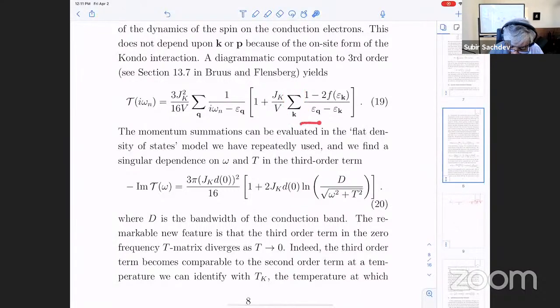So the log term comes from this, and let's just imagine that E_Q, which is outside, is just 0, and there's a J squared here.